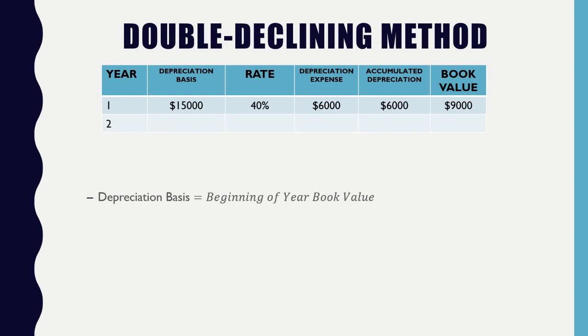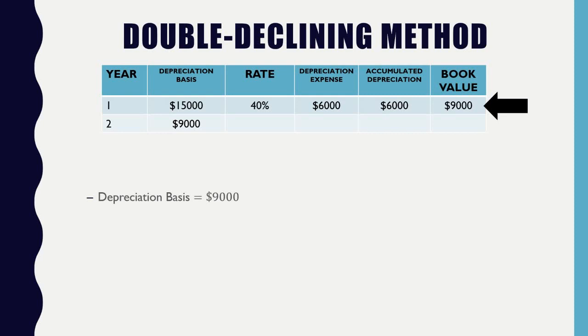So the book value for year 1 becomes the depreciation basis for year 2. Now we have a basis to start with, which is $9,000.